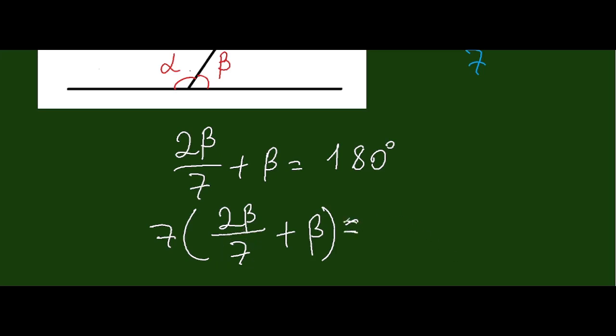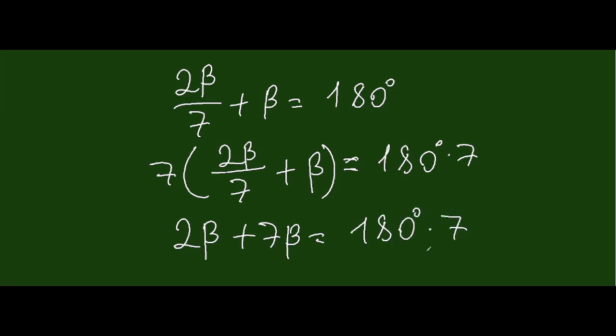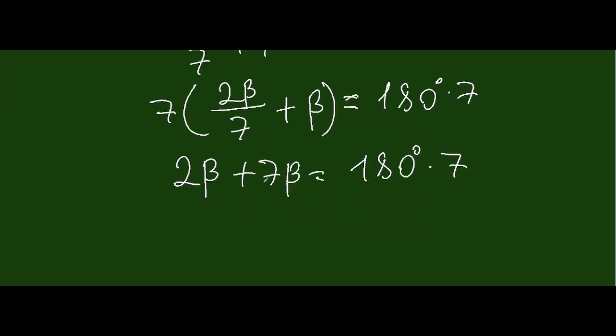So that's why we have to get rid of this. So 180 times 7. So here 2 beta, if we will multiply 7 and 7 will cancel, and plus 7 beta. Here will equal to 180 times 7. Why I'm not calculating this, we'll understand at the end.